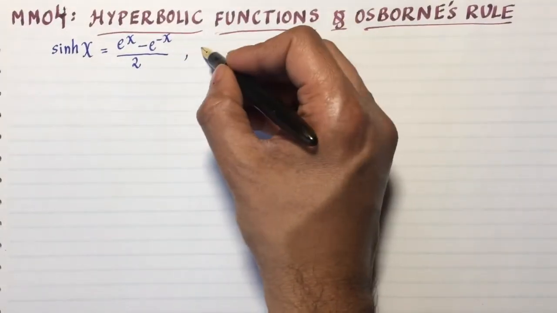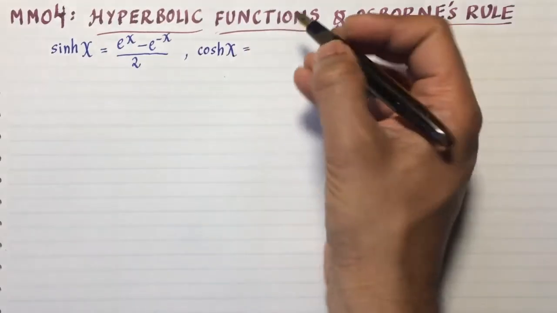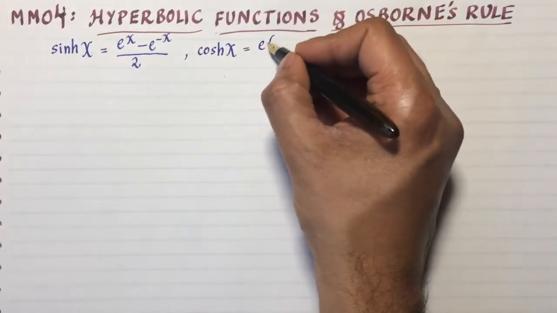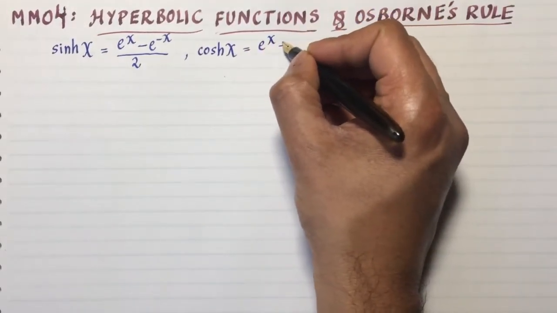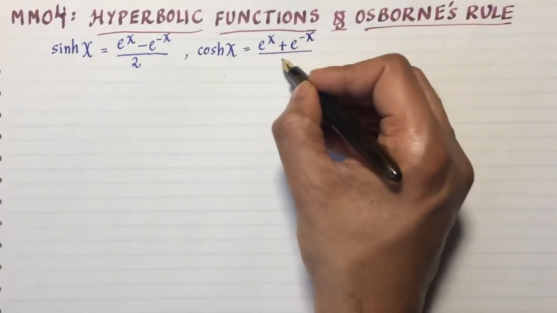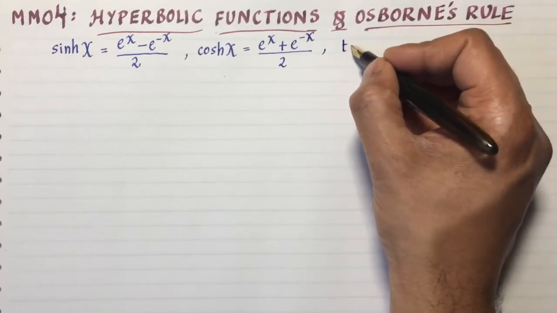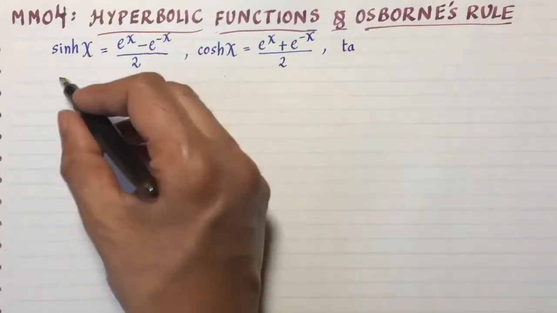Cosh, hyperbolic, of chi is e to the chi plus e to the minus chi divided by 2. The other functions are defined using sinh and cosh.